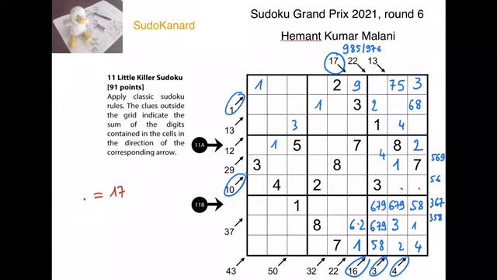So this can only be 6 or 9, I think. 6 would come, let's see how this works. It could still be this.